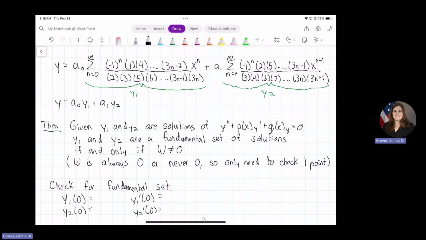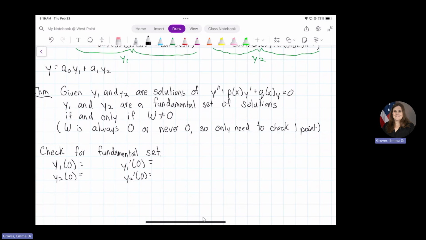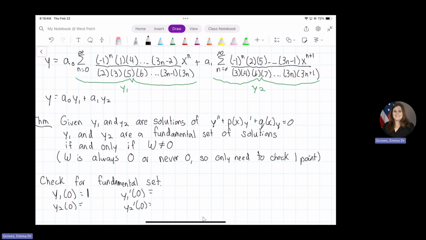Good. And so we're going to have 1 times a bunch of stuff, but this n is 0, so we don't actually have as much as we think, right? So this entire thing, y1 of 0, is actually just 1, because we're basically not getting any of those numbers that we threw in there.